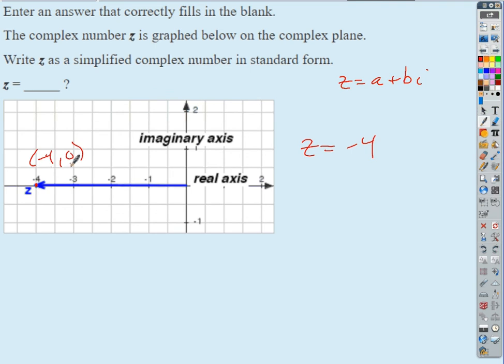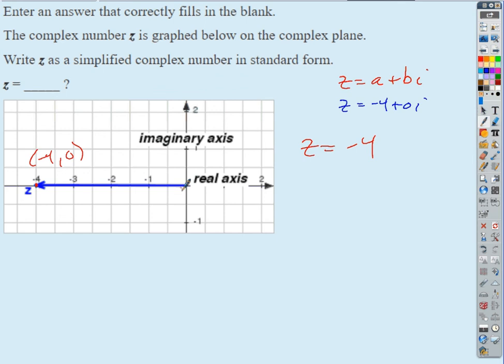So what complex number is that? -4. It's got a real part of -4 and an imaginary part of 0, right? So if I plug those values in, Z is going to equal -4 plus 0i, and 0i is just 0. So that's a pure real number. So what if I calculated the modulus of that number? The modulus is just the distance from the origin. Well, how far is that point from the origin?